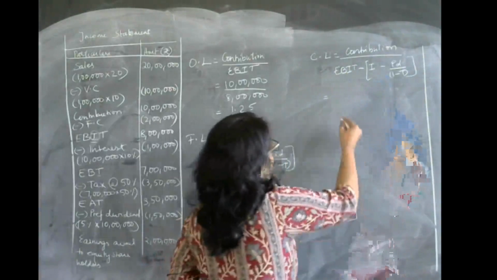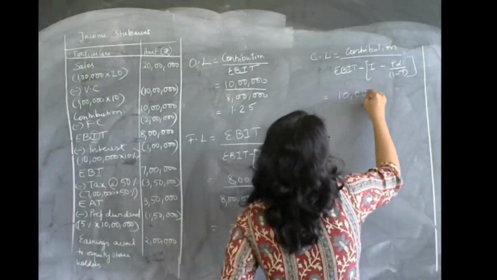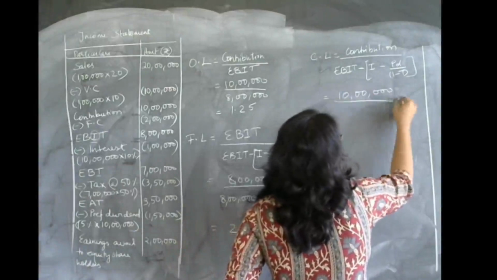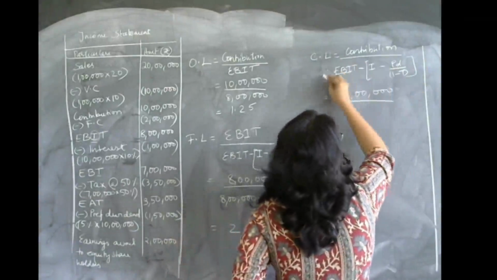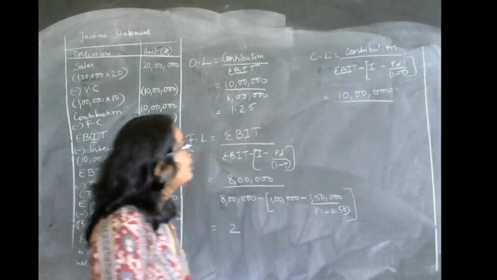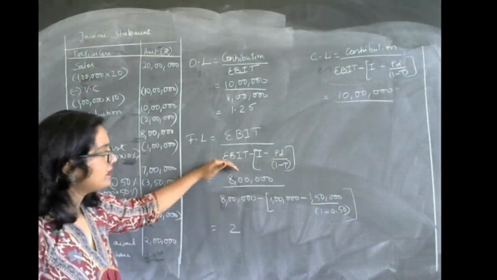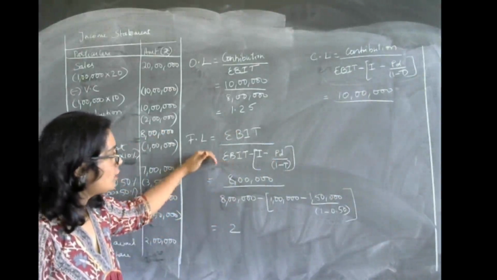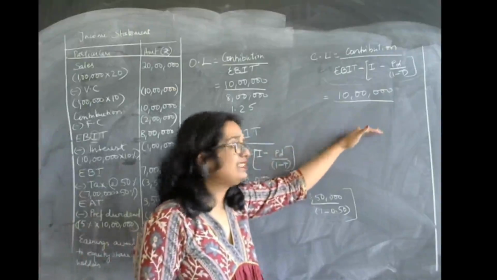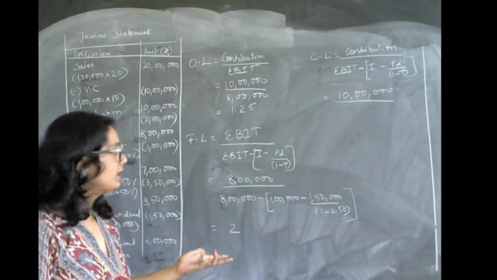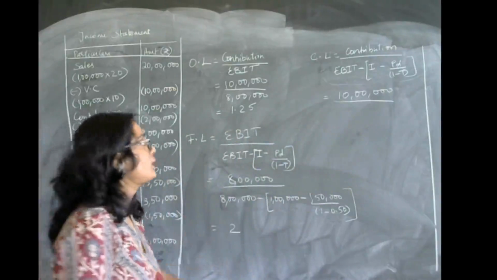Contribution is 10 lakhs. And EBIT is how much? Now this denominator, it is similar to this, right? So whatever you get over here, we can directly take it over here rather than solving it again. But if you are getting confused, I will solve it.